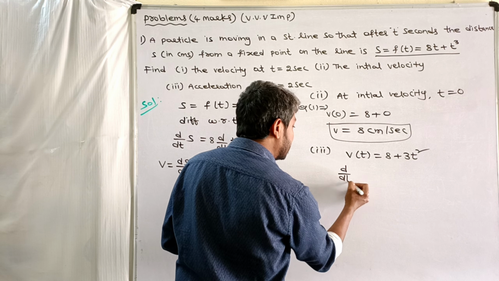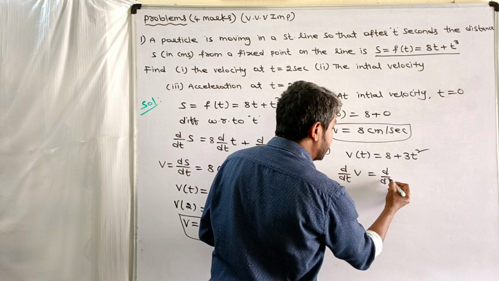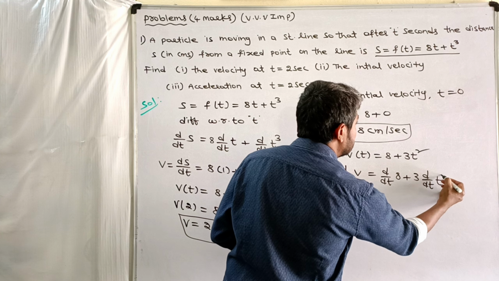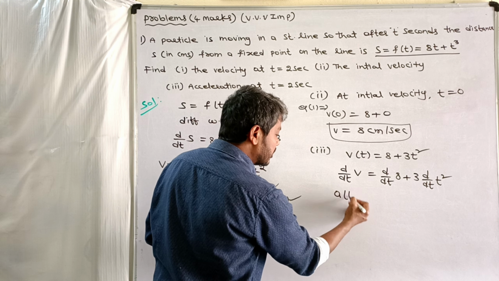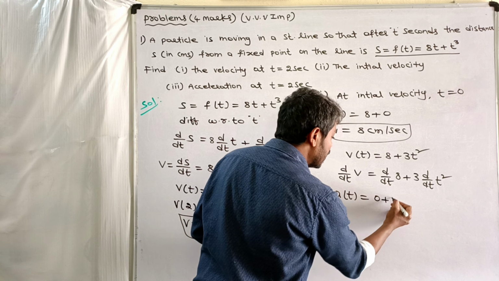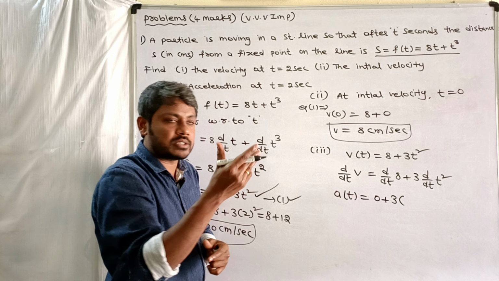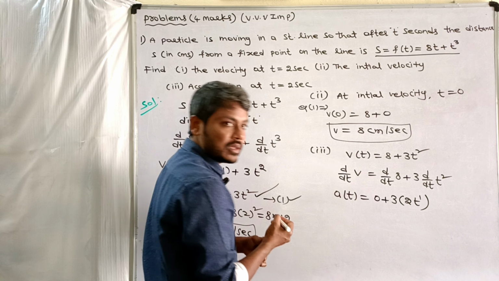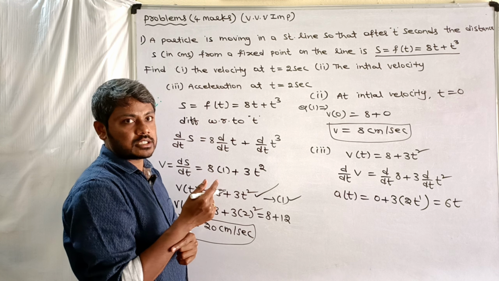That is d by dt of the left hand side v, which equals d by dt of 8 plus 3 into d by dt of t square. dv by dt is called acceleration, that is a of t. Derivative of a constant is 0, plus 3 into the derivative of t square, n into t power n minus 1. Here 2 into t power 2 minus 1, which is t to the power 1. So a of t is 6t.